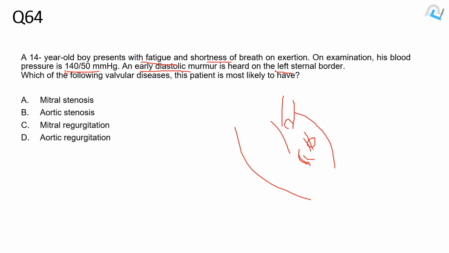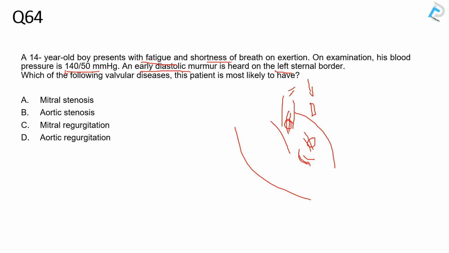The aortic valve does not close during diastole, and that causes the blood to flow back from the aorta into the left ventricle during diastole, which causes the pressure in the aorta to be low during diastole. That's why the diastolic pressure is low. With the subsequent ventricular contraction, the preload is high, and that results in an increase in the systolic pressure.